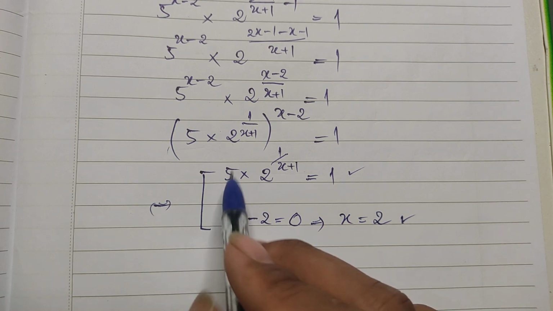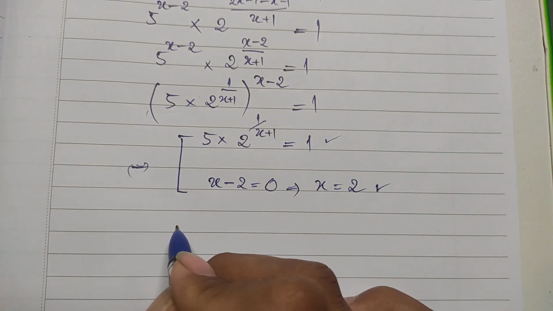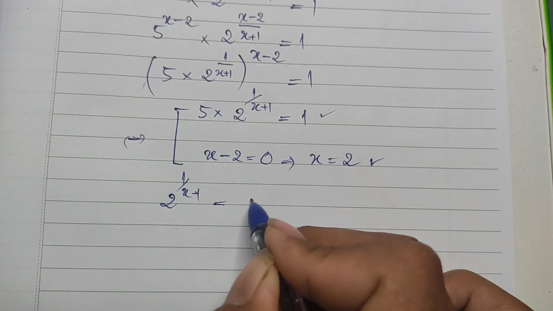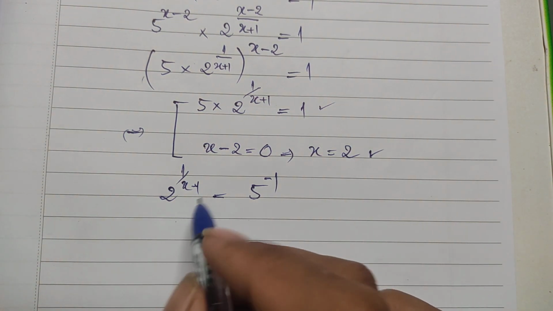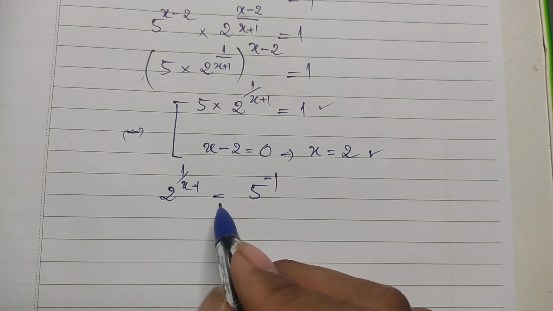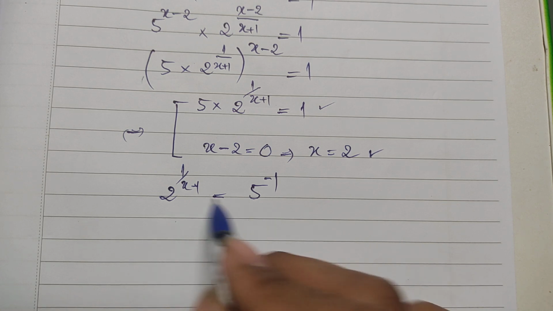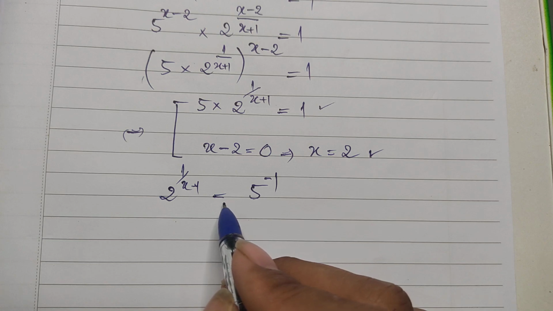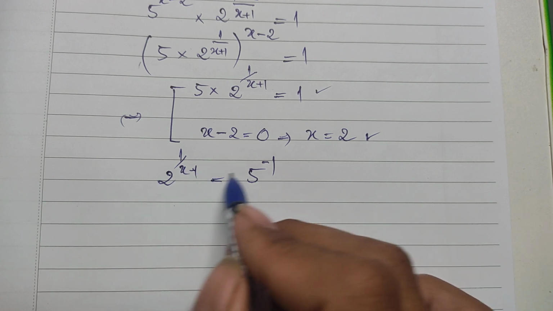So now I move 5 to the right side, so I get 2^(1/(h+1)) equals 5^(-1). And so I raise both sides of this equation to the power h plus 1.